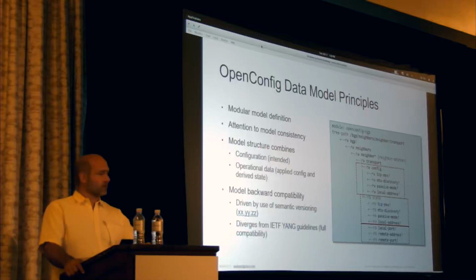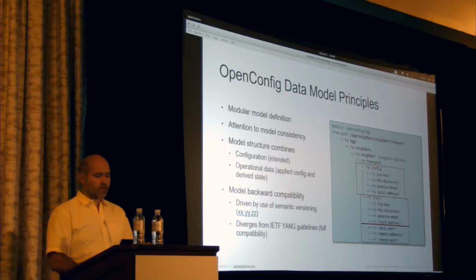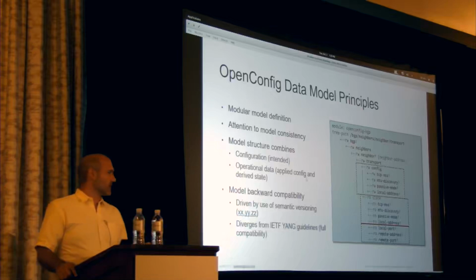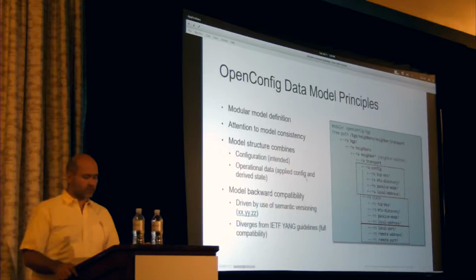In addition to that, the operational state captures both what was actually applied as configuration and the derived state. Derived state is, for instance, counters and metrics that are the result of the normal operation of the device, like the interface counters or the change in the BGP state of a session.